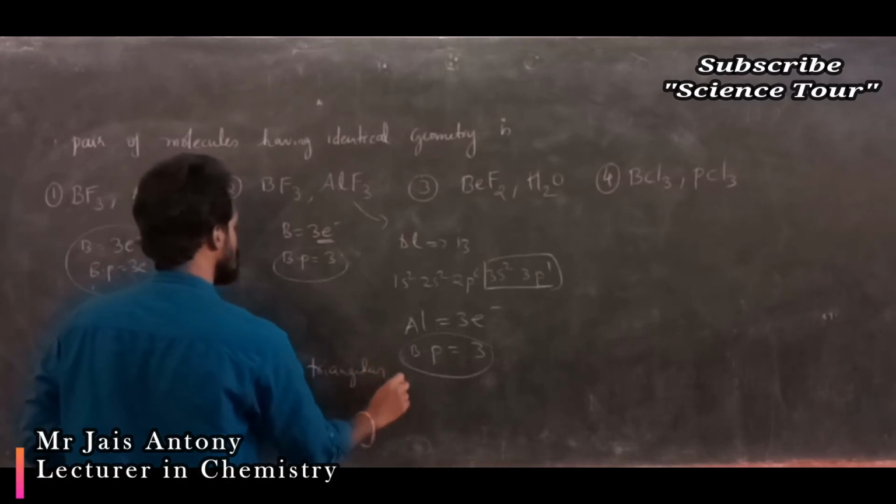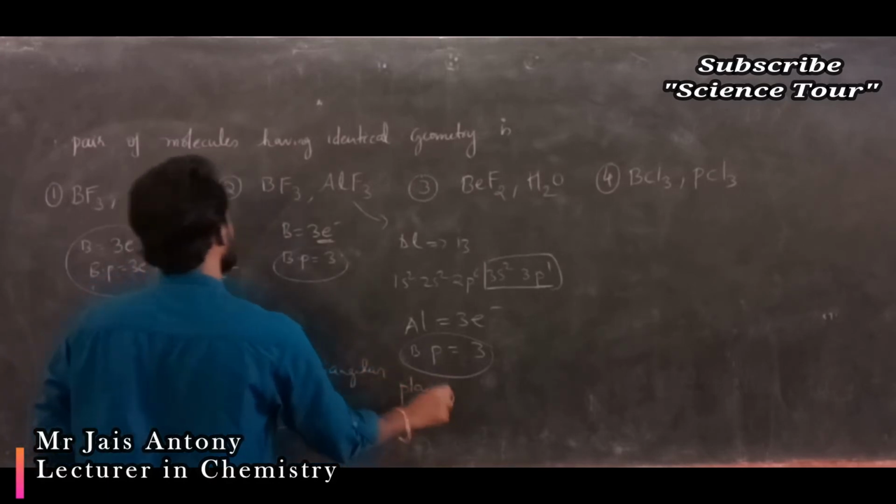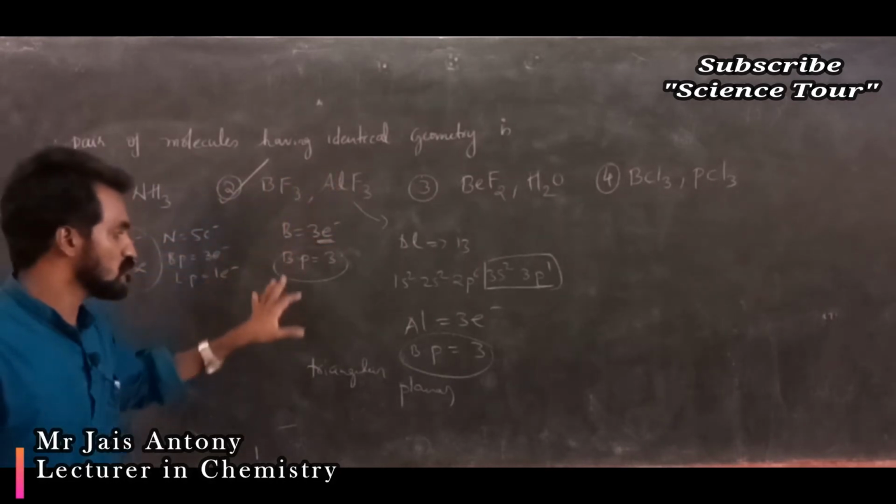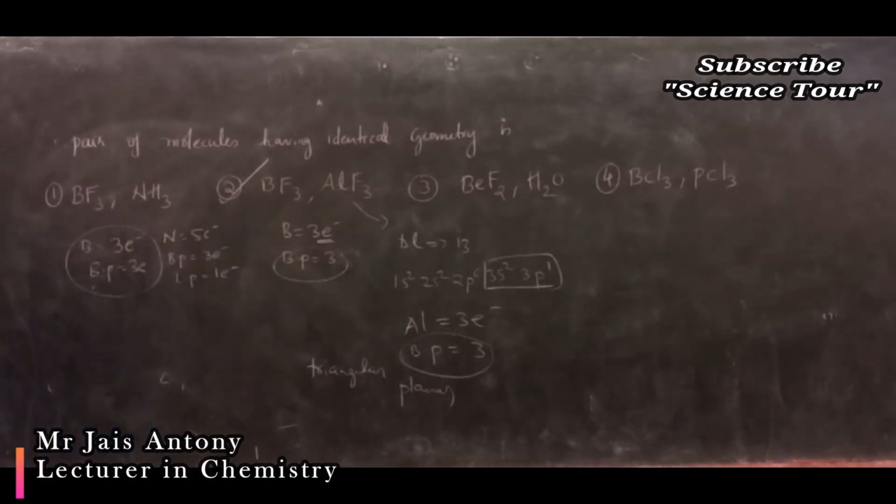So identical structure is this one, option B. In this case it is 3 bond pairs, here in ammonia 1 lone pair is there. So this is actually pyramidal, this is triangular planar. This is not identical, but BF3 and AlF3 both are identical.